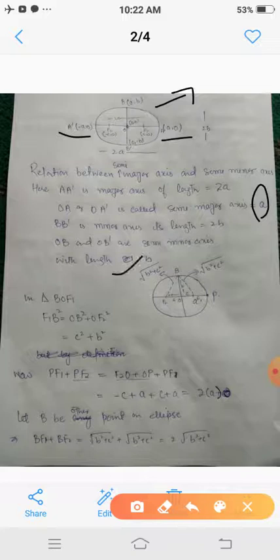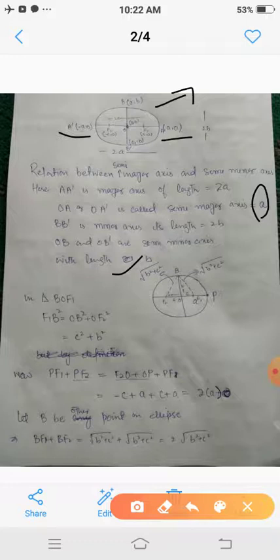So now we will derive a relationship between the semi-major axis, the semi-minor axis, and the distance between the two foci. Here the distance between F1 and F2 is 2C, which implies that the coordinates of the foci are (C, 0) and (minus C, 0).